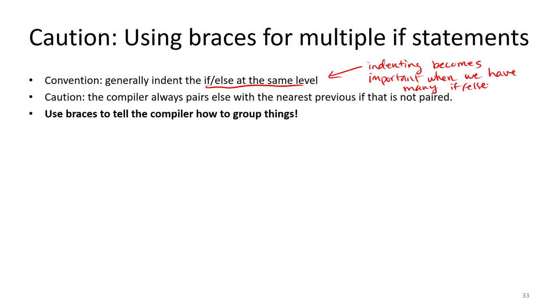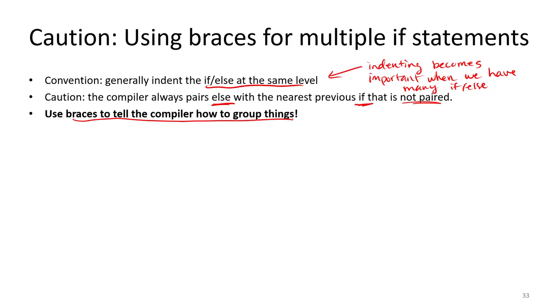And you'll see that this does happen quite a bit. Another thing to be aware of is that the compiler always pairs else with the nearest if that does not have an else associated with it. So you want to make sure that you use braces to tell the compiler how to group things.